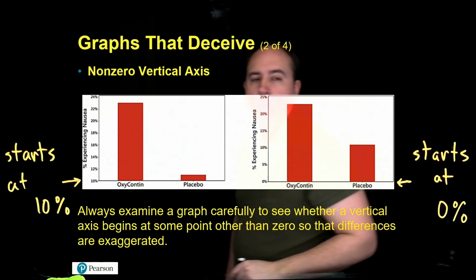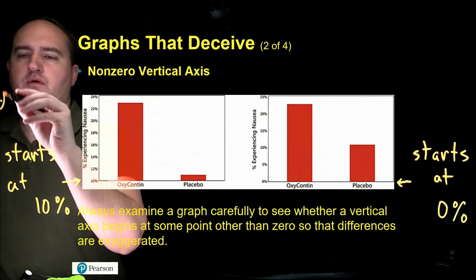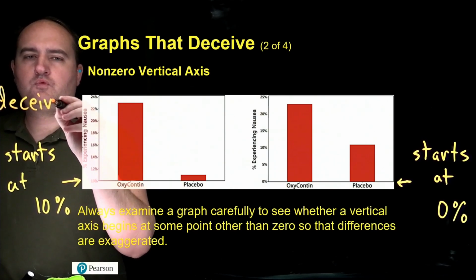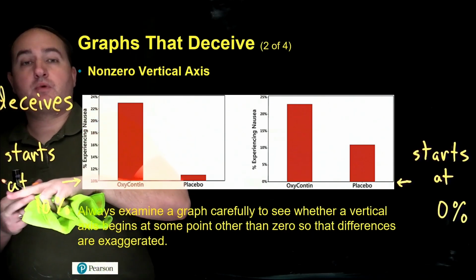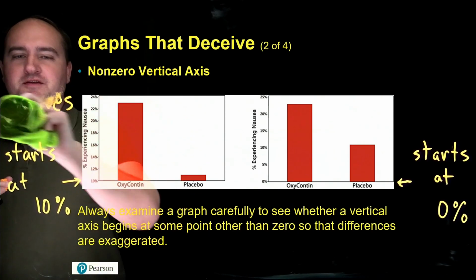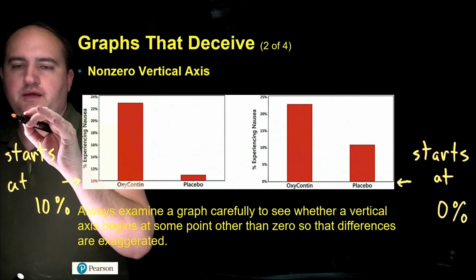So the graph on the left deceives, which is not a good thing. Again, I've got to write smaller. I swear I'll eventually get used to this new recording setup. Okay, so this deceives.